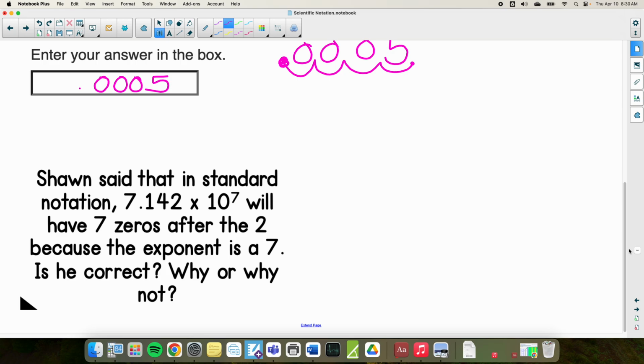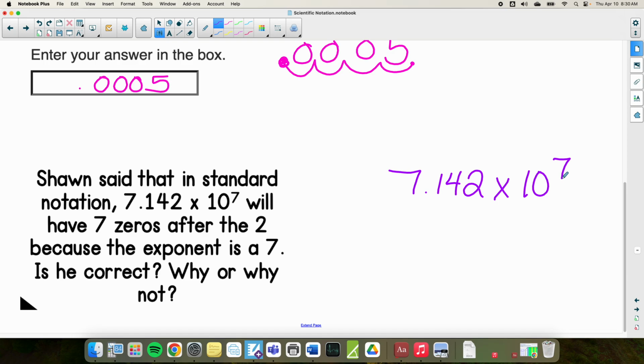Now, this one says Sean said that in standard notation, 7.142 times 10 to the 7th will have 7 zeros after the 2. So what he says is if we write this in standard notation, it would have a 2 and then 7 zeros. Do you think he's right?